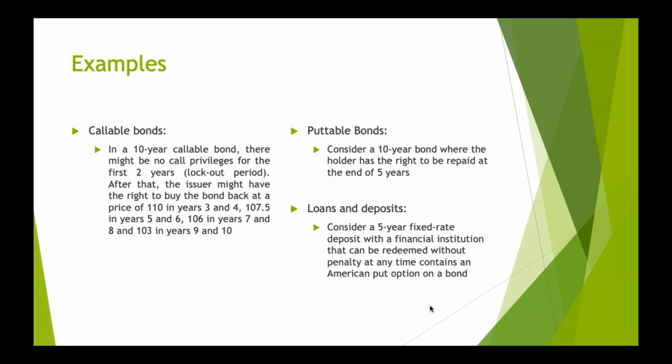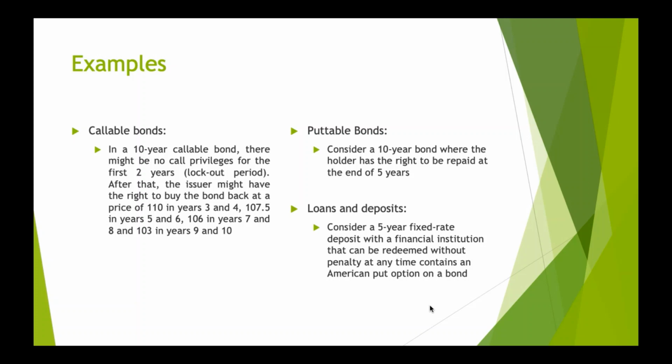This is known as the lockout period, and after that, the issuer might have the right to buy the bond back at a price of 110 in years 3 or 4, 107.5 in years 5 or 6, 106 in years 7 and 8, or 103 in years 9 and 10. As we can see, as the bond gets closer to the maturity date, the price decreases.